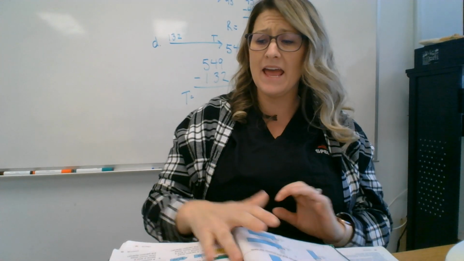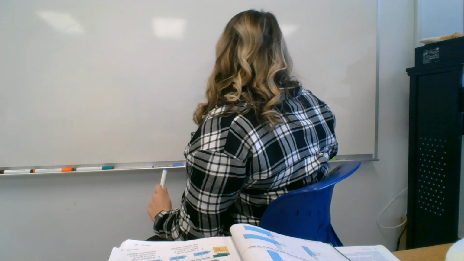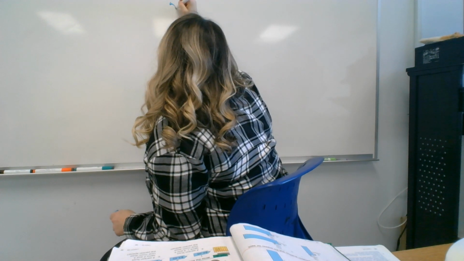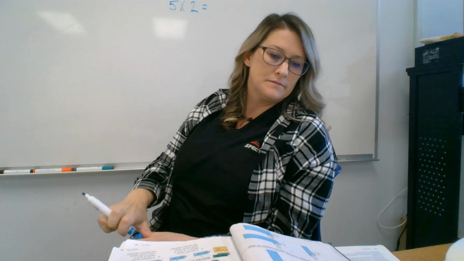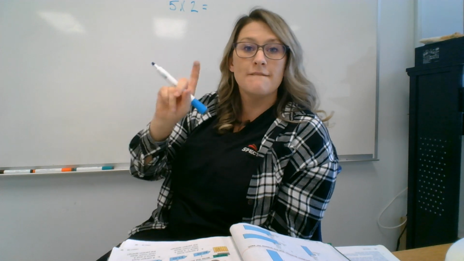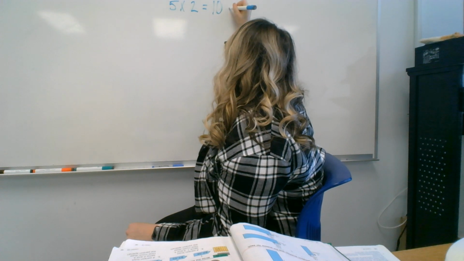All right, rectangle A. My multiplication problem for rectangle A is 5 times 2. All right, so 5 times 2 is 10, and that would be square units.